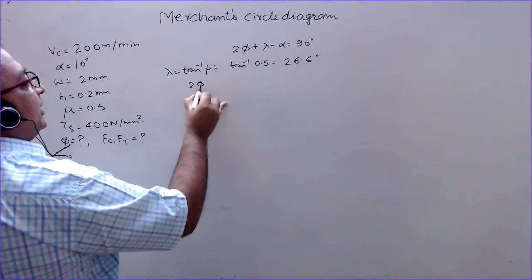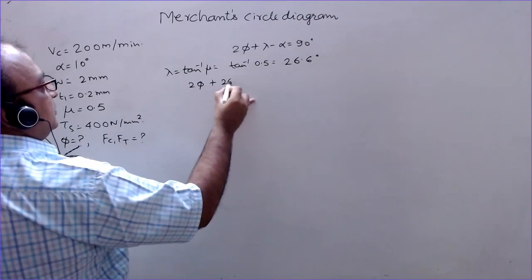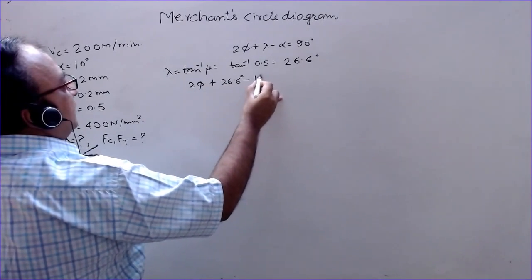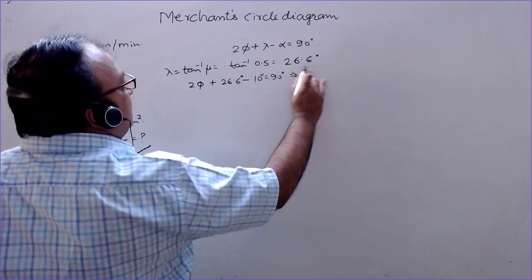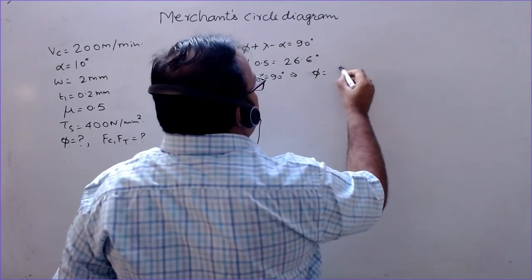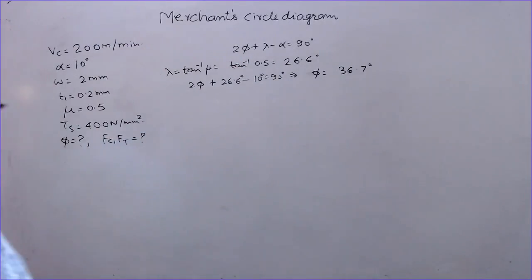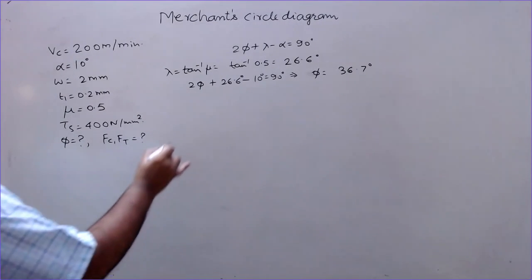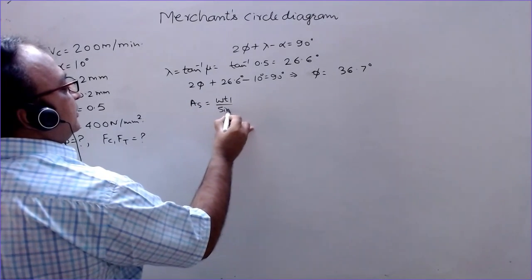So 2 phi plus lambda minus alpha equal to 90. So friends, this gives phi is equal to approximately 36.7 degree. Now we have got the value of phi. So the sheared area is Wt1 by sin phi.